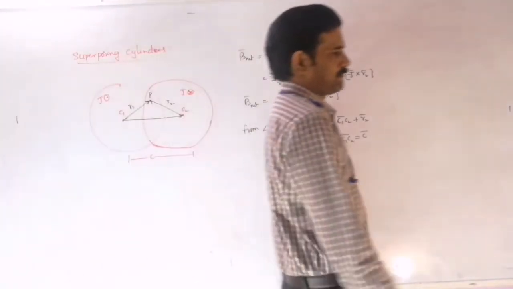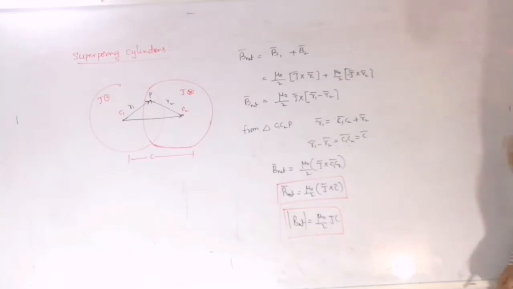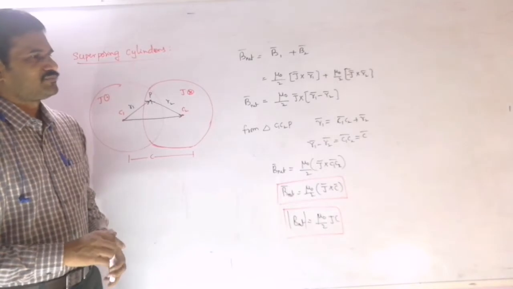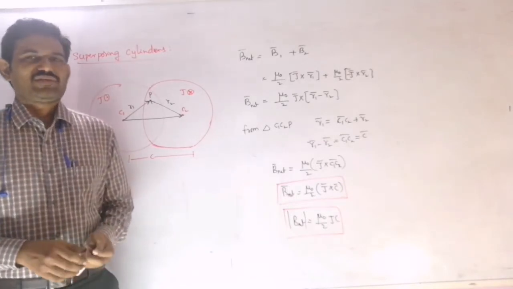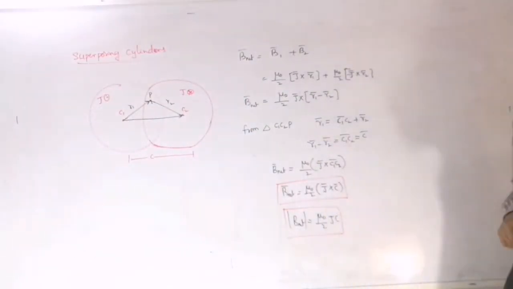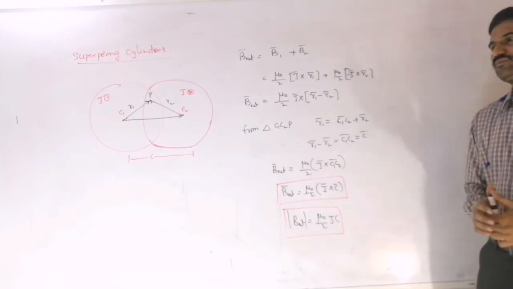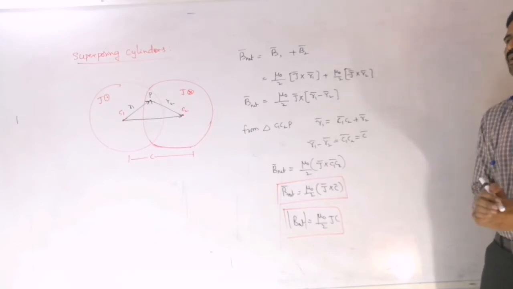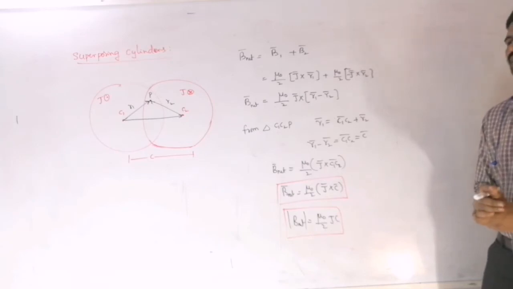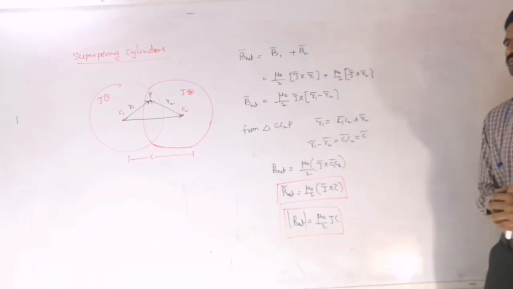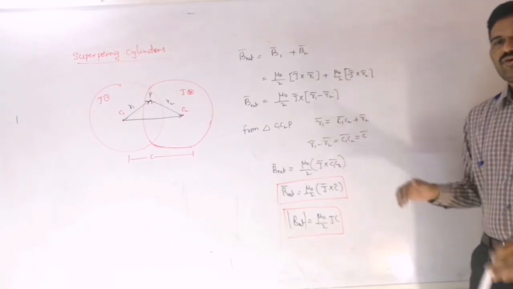Therefore, the magnetic field inside the superposing area of the cylinders is uniform and does not depend on the distance of the point from C1 or C2.